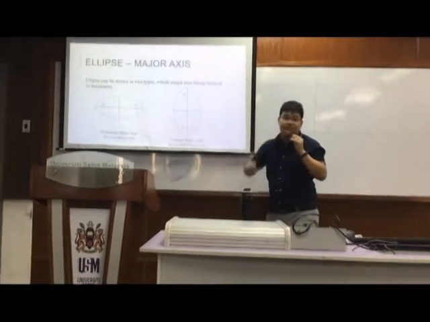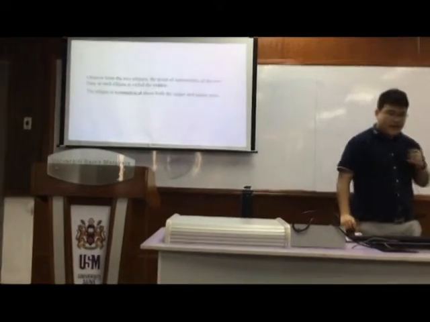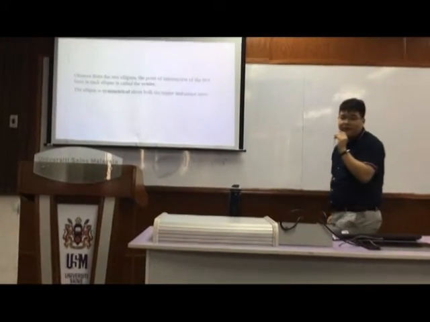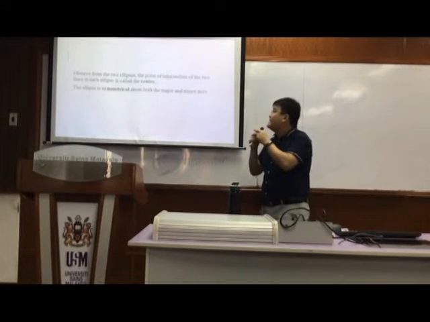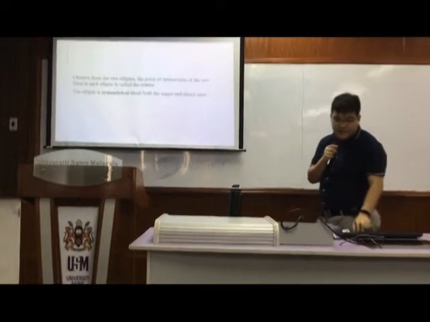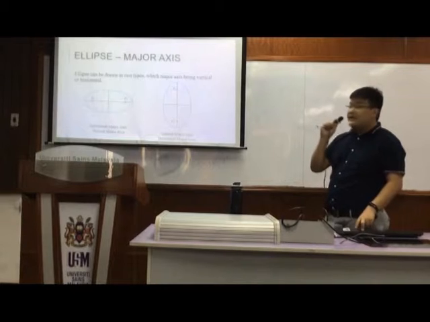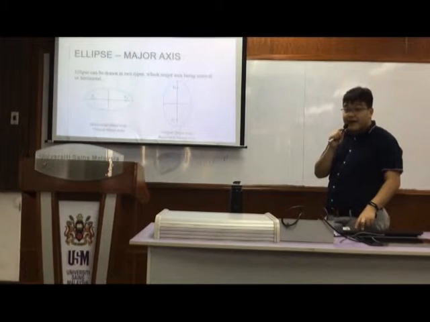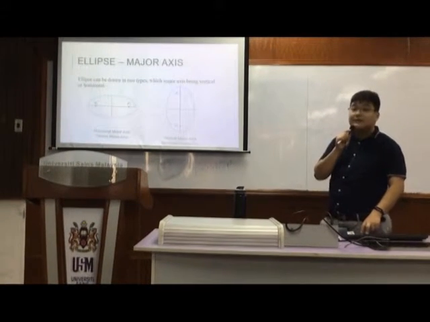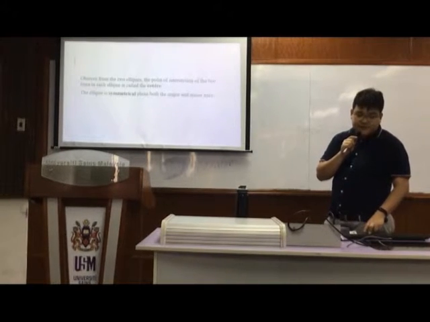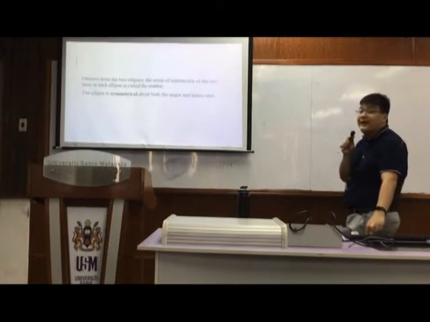Same story in this ellipse. Observe from the two ellipses, the point of intersection of the two lines in each ellipse is called the center. So each ellipse has an intersection point of the two lines, right? And the point is called the center. The ellipse is symmetrical about both the major and minor axes.